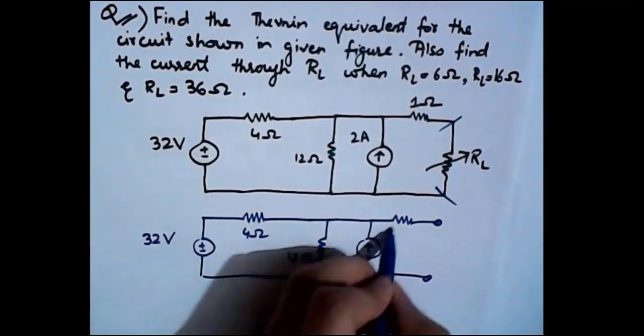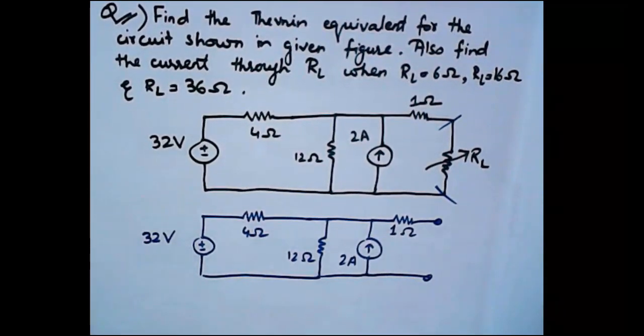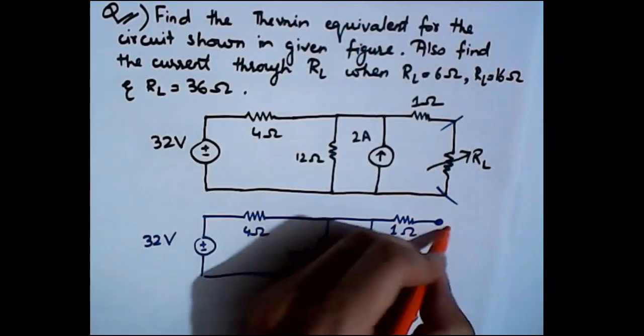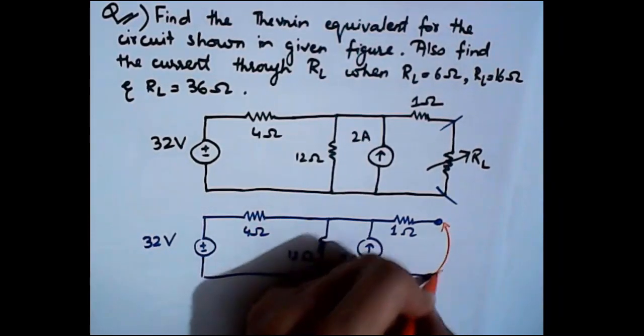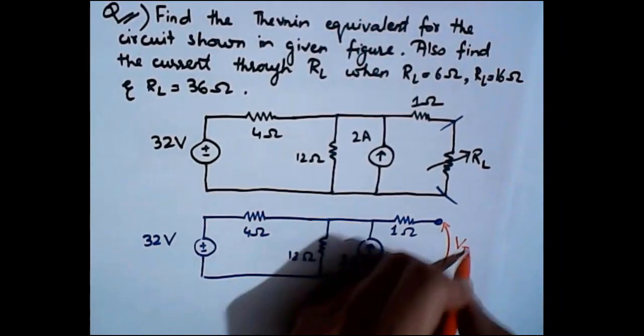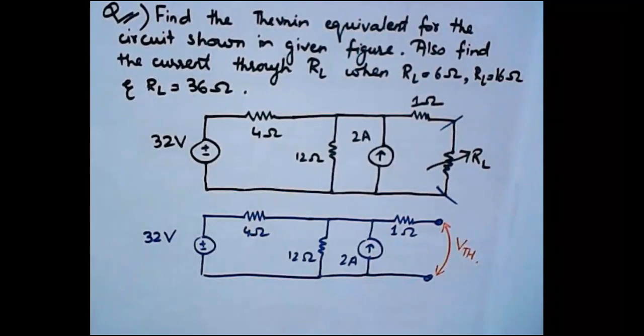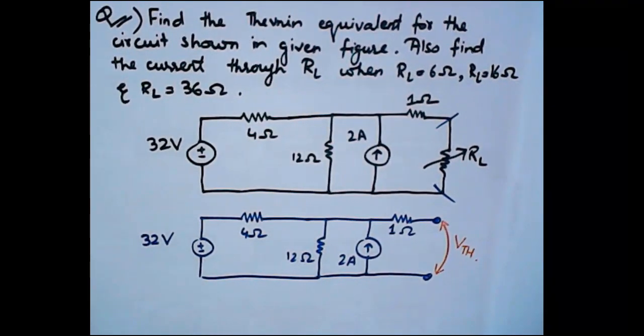Now one thing you people must note, that since the terminals have been opened, the voltage across these terminals will be the Thevenin voltage, right? Because the definition says that Thevenin voltage is basically the voltage across the load terminals when they are open circuited, right?